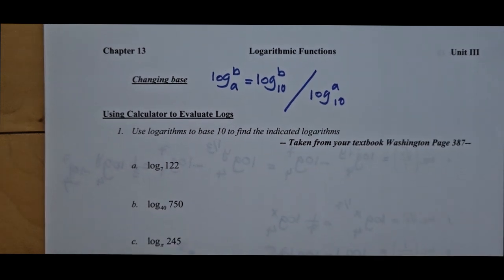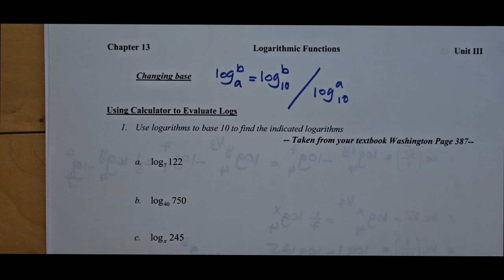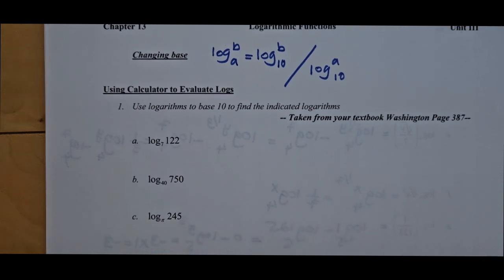This is how you can change the base. And remember, the common base that you use, the intermediate, the transition base, doesn't necessarily need to be 10. It could be anything.